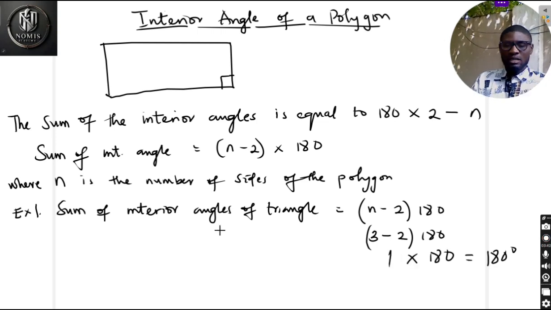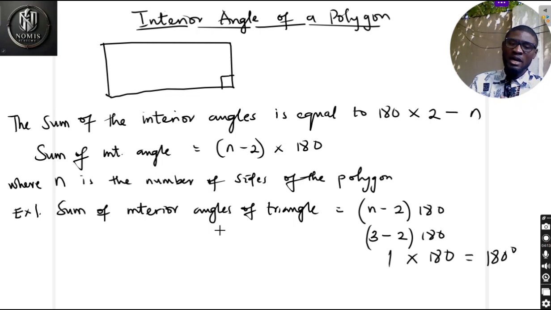I believe you've heard that before, that the sum of angles in a triangle is 180. So this is how it is. The relationship between the sides of the polygon and the interior angles of that polygon tells us that this exists in this manner.